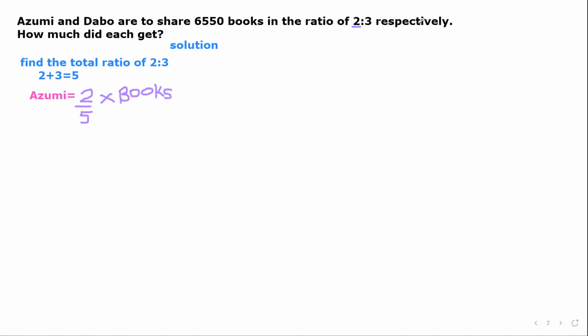Good. Then when you take double, the share will also be the fraction for double times the book, and the fraction for double is what? 3 out of the total ratio times the books.